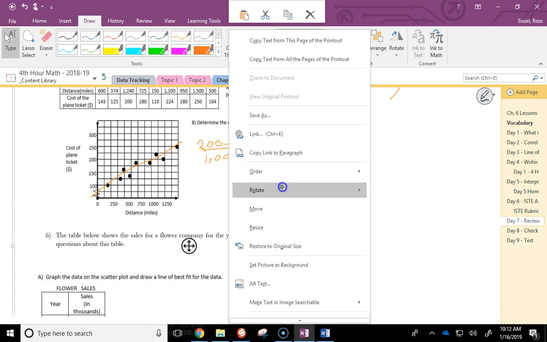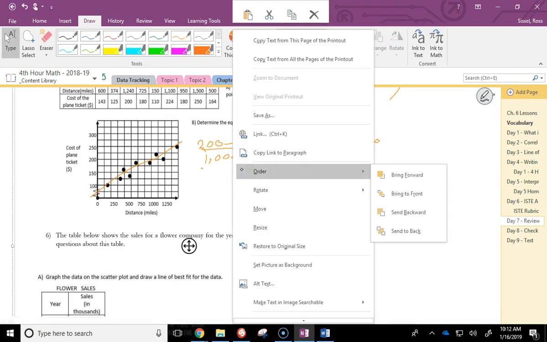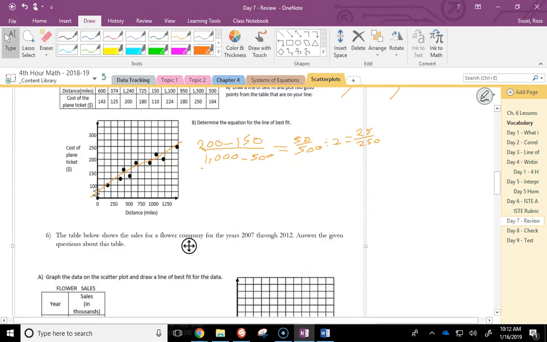Garbage. What? You see that? Sorry. You're blocking the equation. Alright, so did you explain how you did it? No. Explain it to him.